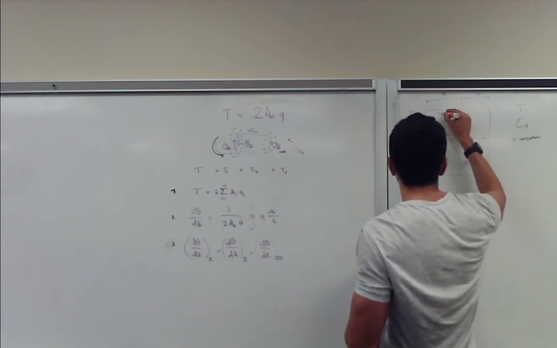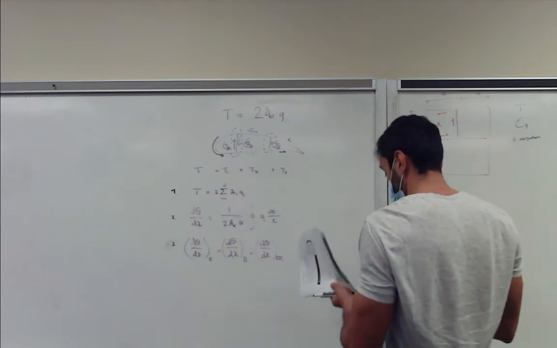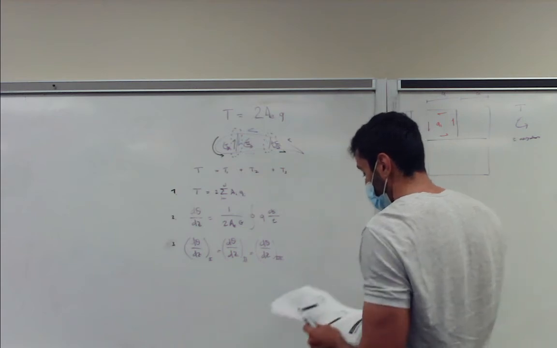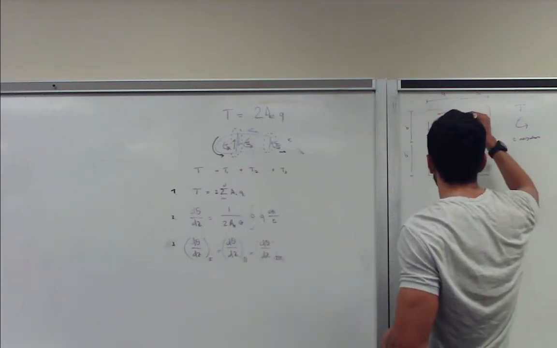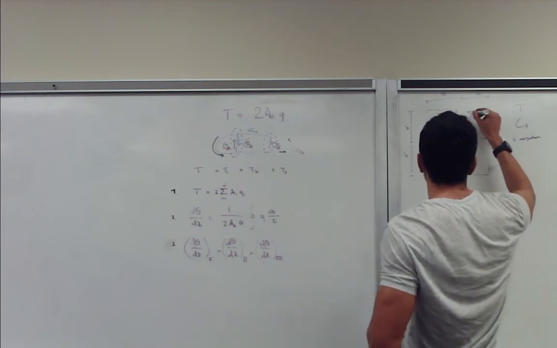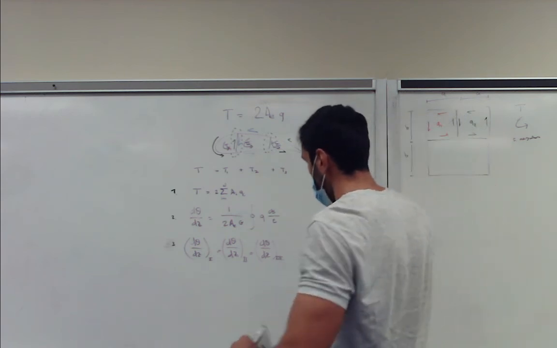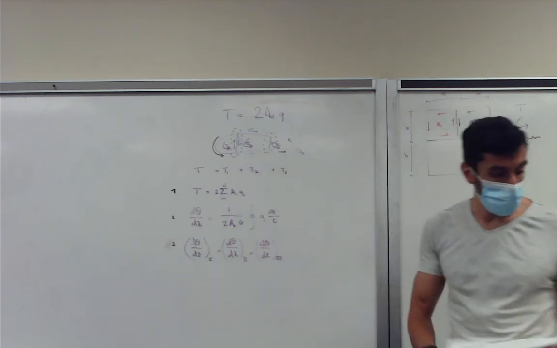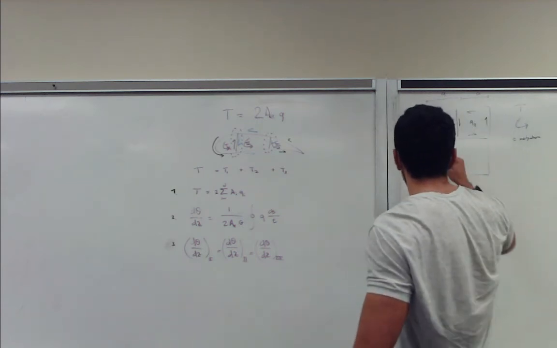So there will be cell 1, we'll have q2, and then as last, the purple one, and this will be q3.